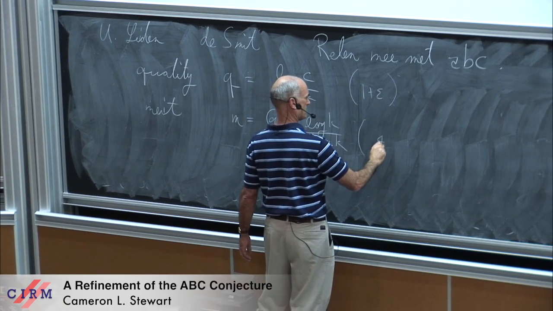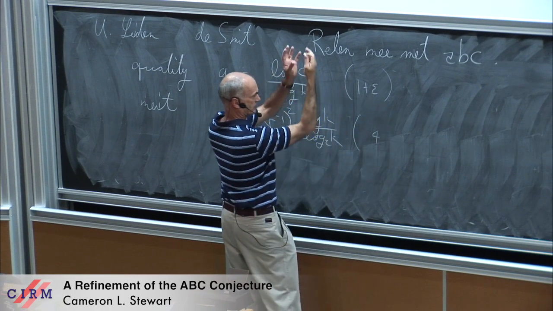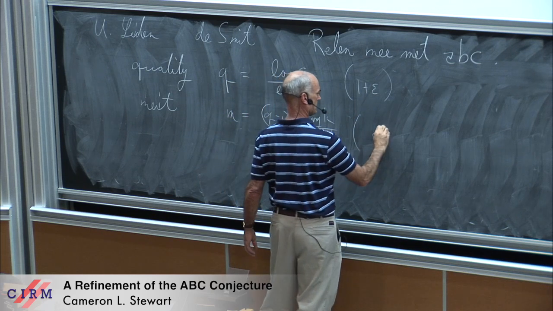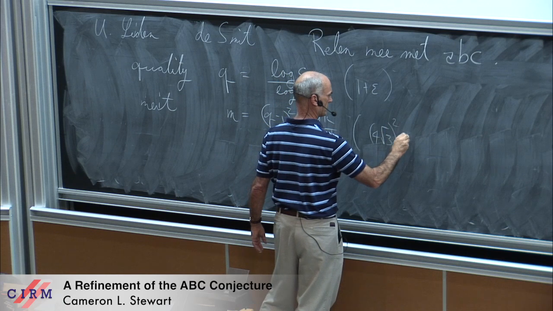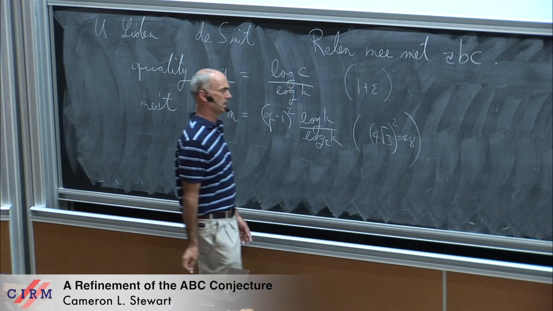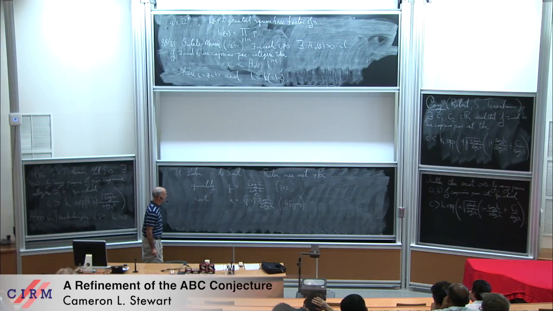This one is the right order for that first power. This is testing whether, well, the way it's written, 4 root 3 squared equals 48, whether that's the correct exponent.